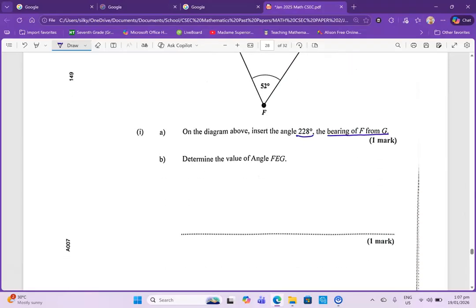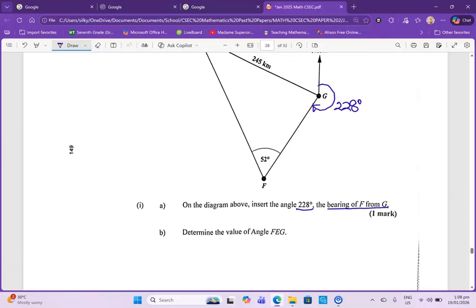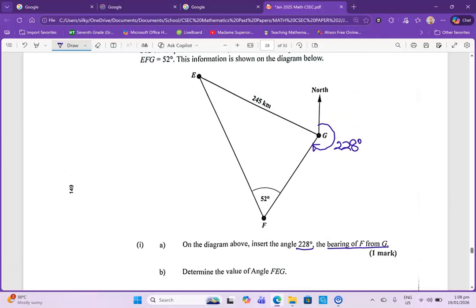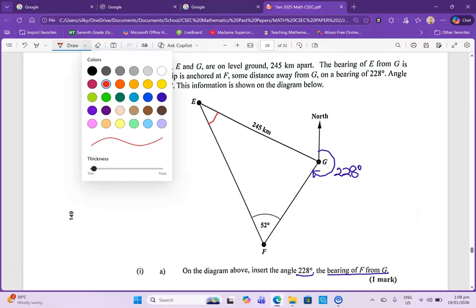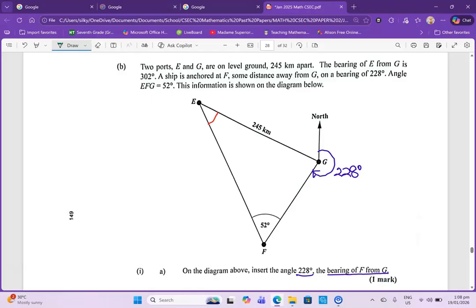So that's one mark. For another mark, part B, we have to determine the value of angle FEG. So that's this angle up here. Before I find that angle, there's another piece of information they gave us in the question, which is the bearing of E from G, which is 302 degrees.